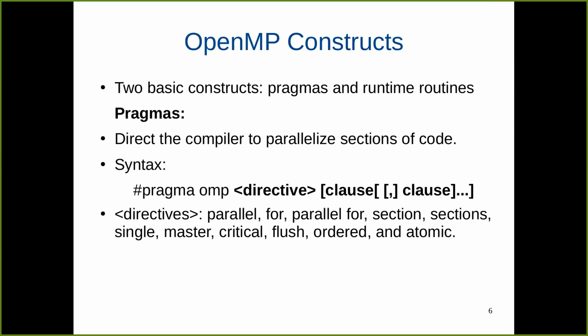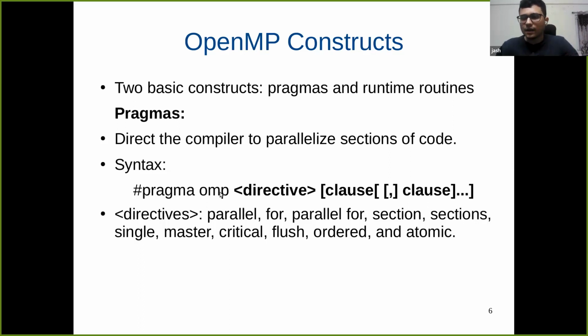What exactly are these directives, like parallel for parallel? These directives are a signal for the compiler that whatever is coming next, you have to do some operation on it. So let us say #pragma omp parallel.